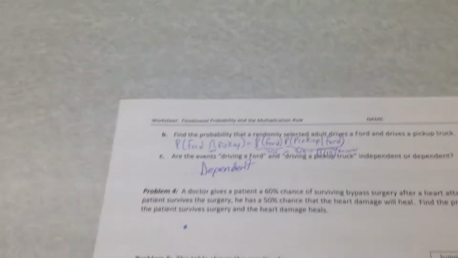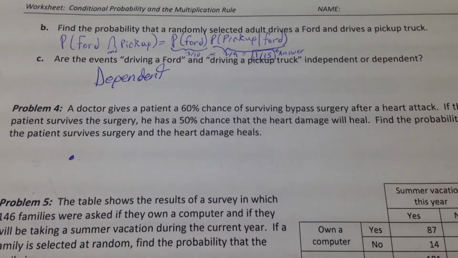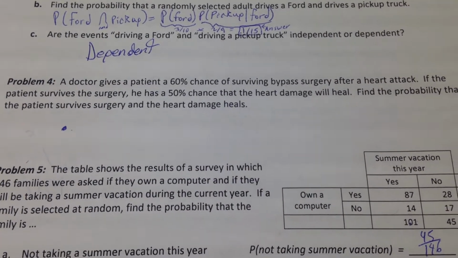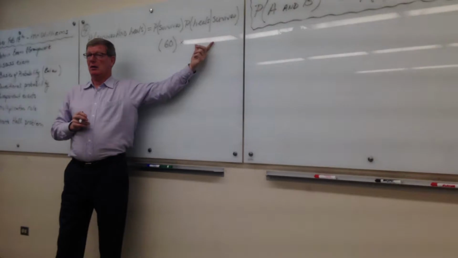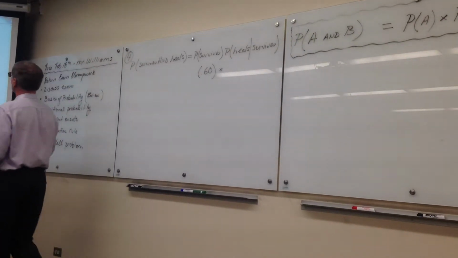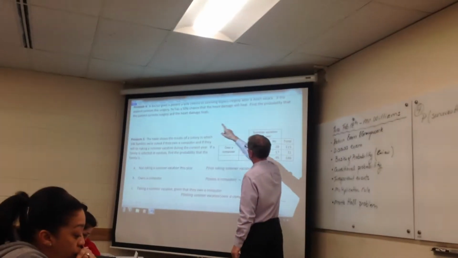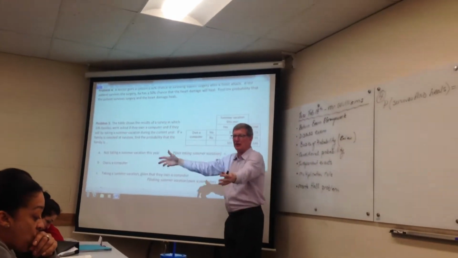60%, right? So that's 60%, or 0.60, multiplied by, what's this? It's 50%, isn't it? Because the doctor says, given that you survive, the first event is that you survive.